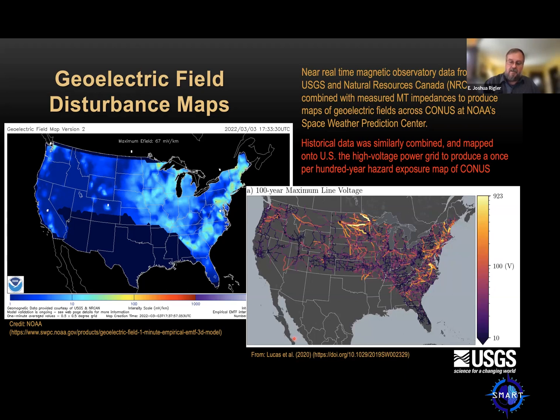Because the magnetotelluric impedances are essentially stationary in time, and we have a long history of magnetic field measurements, we can do a historical analysis and figure out what the once-in-100-year event looked like when mapped down onto the US power grid.